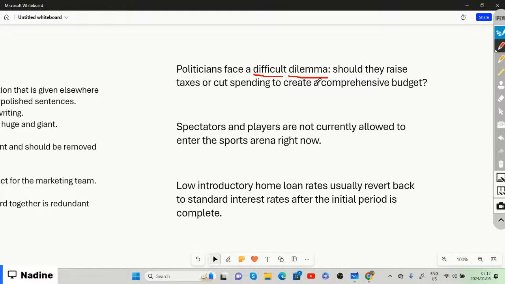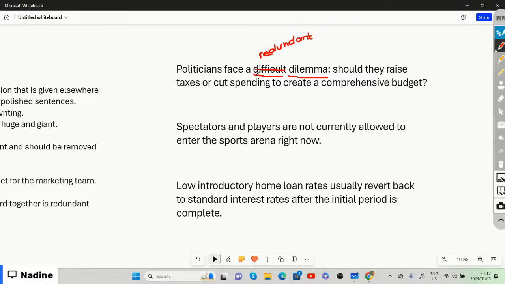It's almost like saying that they are facing a difficult situation, or we can just say that they are facing a dilemma. Which means that the redundant word that we need to remove from the sentence is difficult. So difficult is going to be removed, because it just brings about repetition.